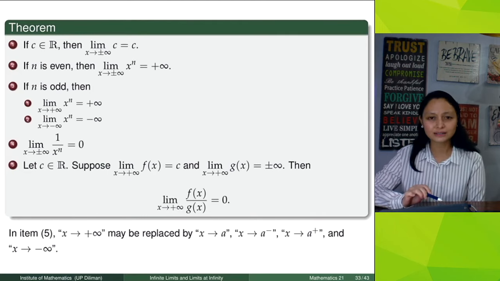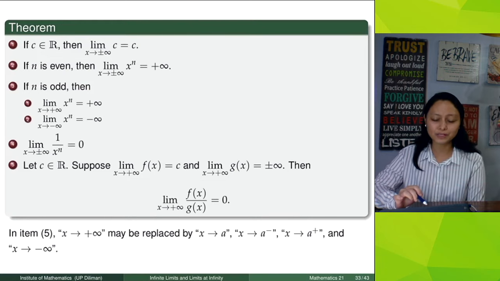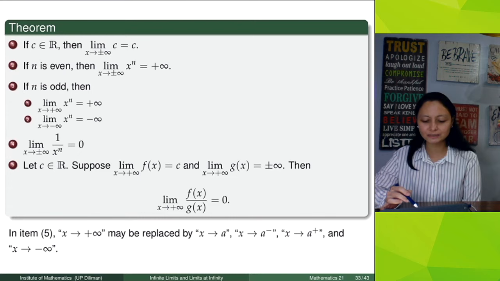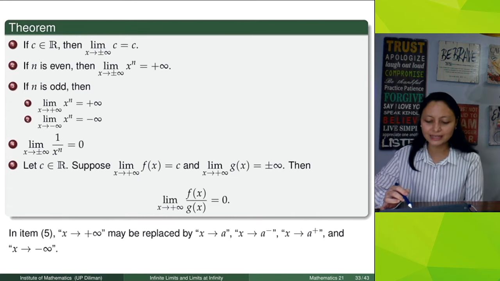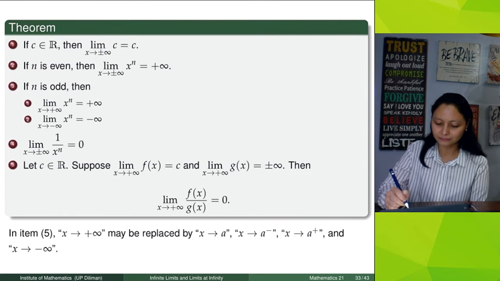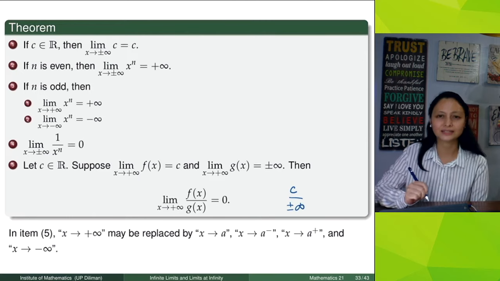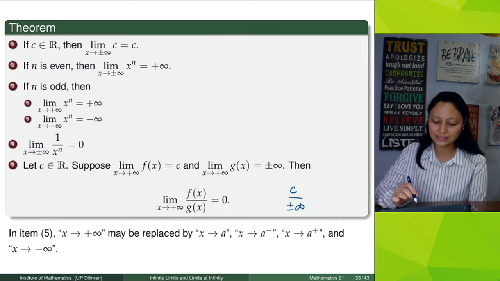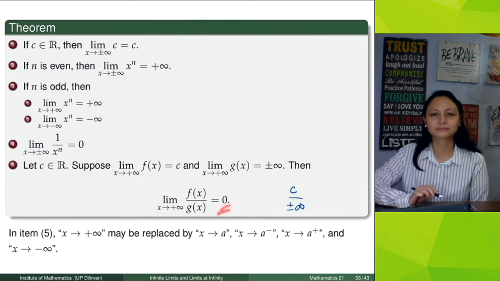Now, if c is a real number, and suppose the limit of f of x as x approaches positive infinity is c, and the limit of g of x as x approaches positive infinity is plus or minus infinity. So, ang sinasabi nito, you have a constant divided by plus or minus infinity. Okay, so a constant divided by plus or minus infinity is equal to 0.